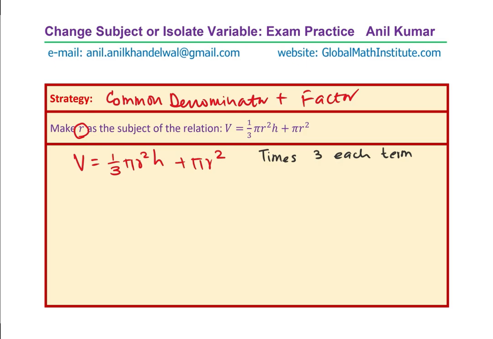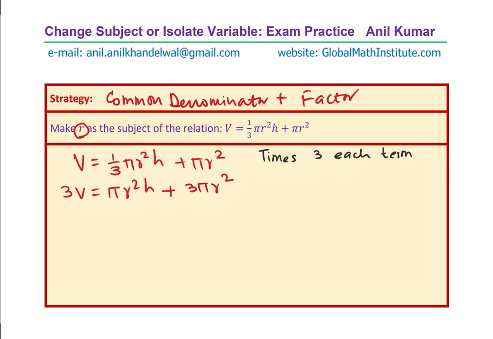So in that case, what do you get? You get 3 times V equals pi r square h plus 3 times pi r square. You get the idea. We multiplied each term by 3. However, the 3 in the denominator gets cancelled in the first term. And the other term is 3 times pi r square.